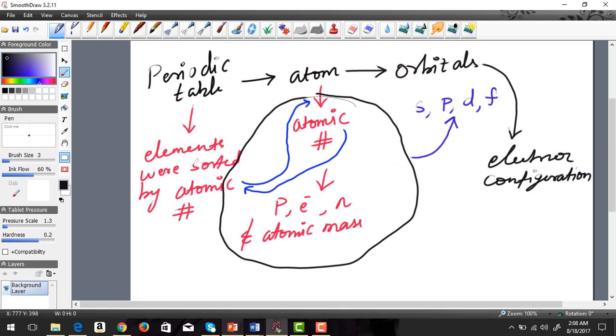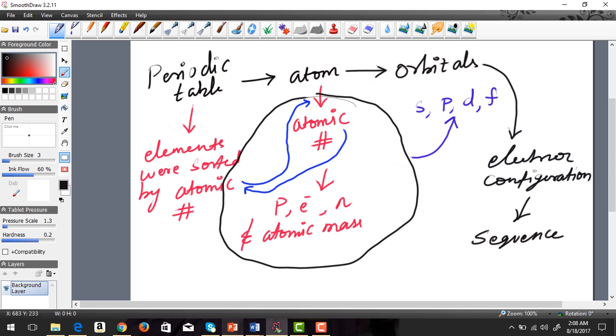Well, we talked about the sequence, right? The 1s, 2s, etc. Here we learned our orbitals from more of a diagrammatic perspective, but then here we went and learned it.